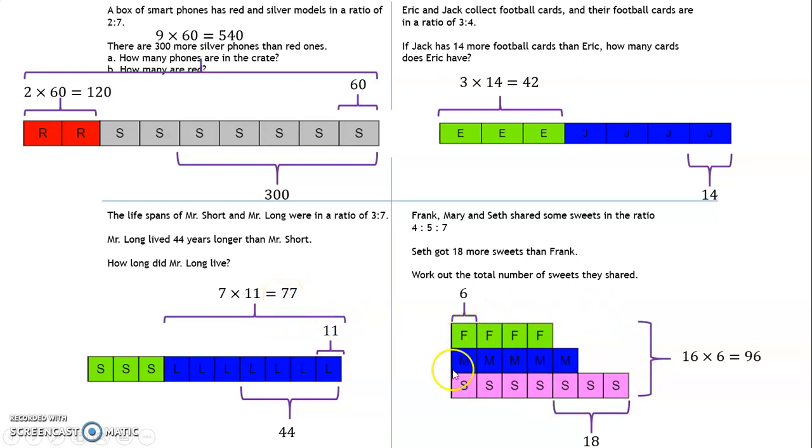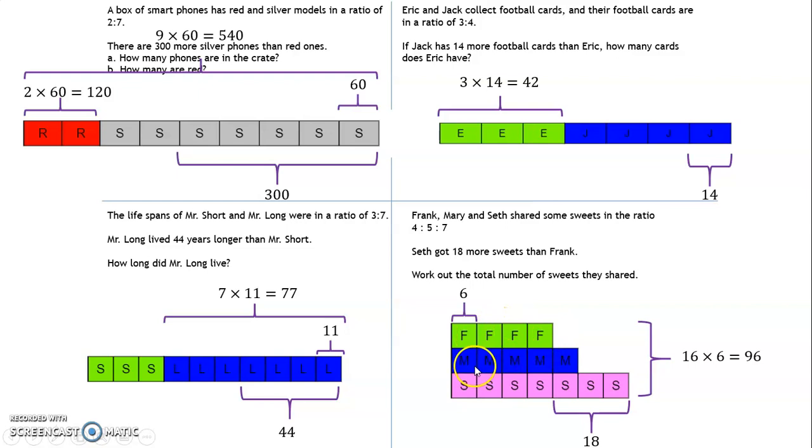Now you'll notice for this last one, I've drawn a slightly different sort of bar model, and this is a comparative bar model, which is a different option you can use, particularly when you're told that somebody or something got more. So Frank, Mary and Seth shared some sweets in the ratio of 4 to 5 to 7.